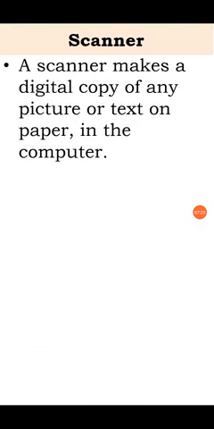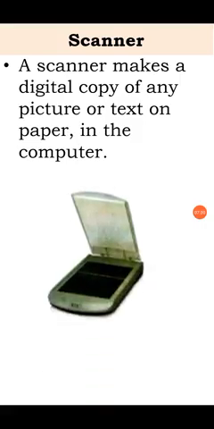A scanner makes a digital copy of any picture or text on paper in the computer. This is a scanner. This scanned data can be displayed and stored on the computer. For example, you can copy your photograph with a scanner and save it in the computer.